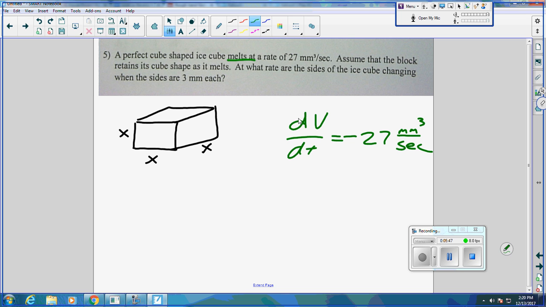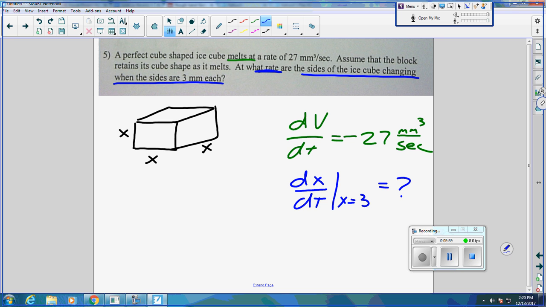At what rate are the sides of the cube changing when they're 3 millimeters long? And again, this is the key: what rate? So it's dx/dt in my figure, when x is 3, that's the unknown. Again, there are two formulas for cubes we should be familiar with. We've already talked a little in my class about volume.